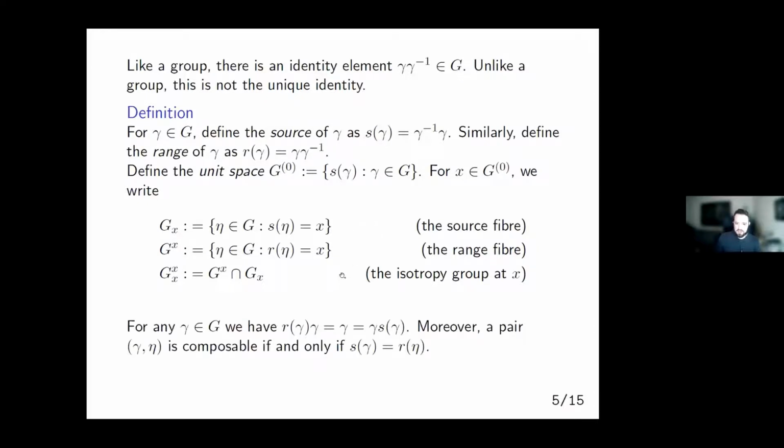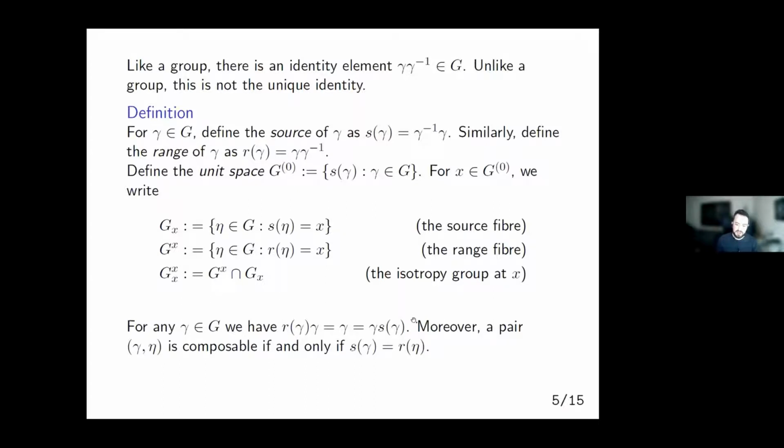Then if you have an element of the groupoid, and like I mentioned before, these identities act identically on the element you start with. So the range of gamma multiplied by gamma gives you gamma back, and so does gamma times its own source.